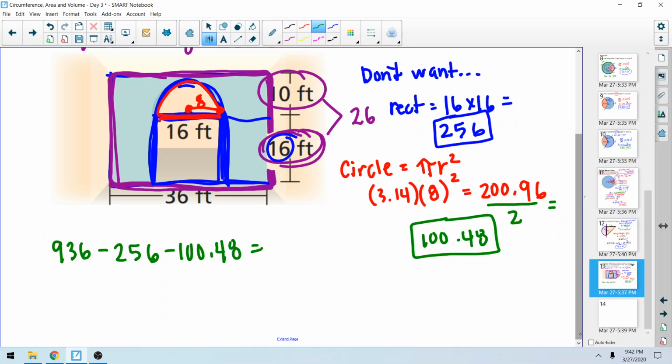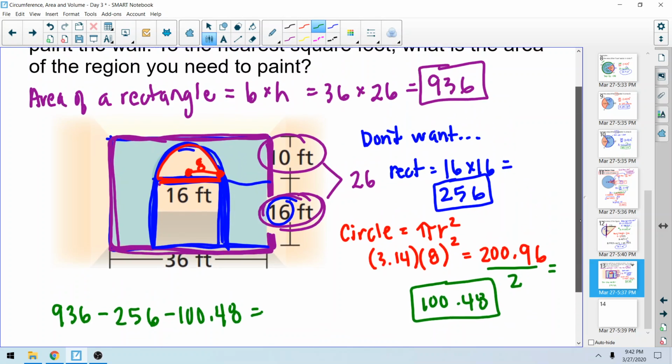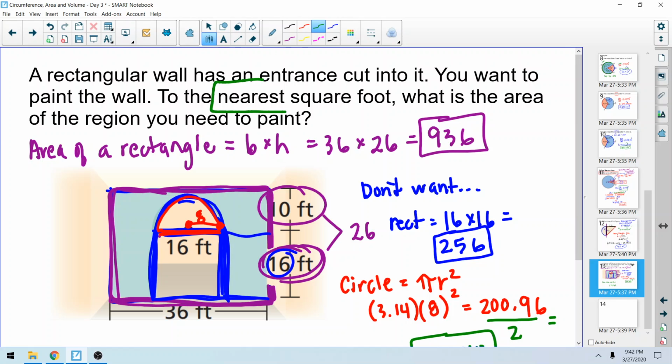So 936 minus 256 minus 100.48, and I'm getting 579.52.